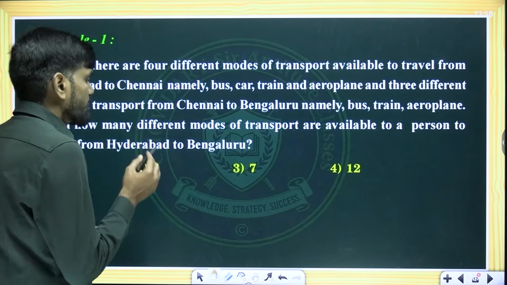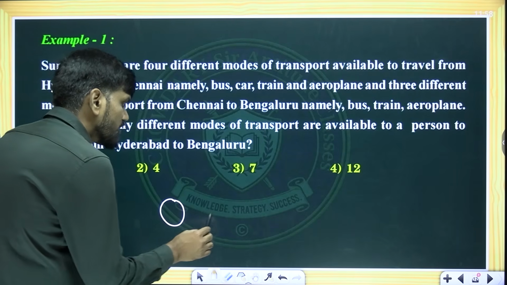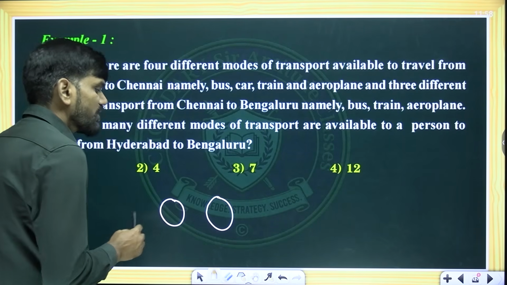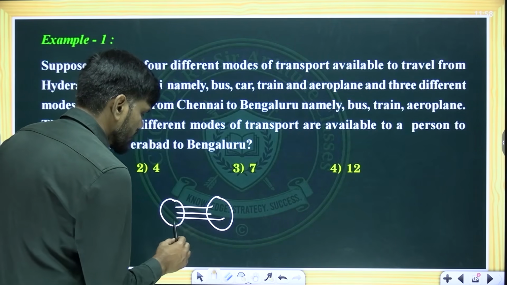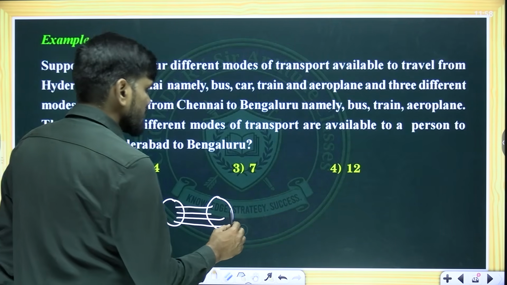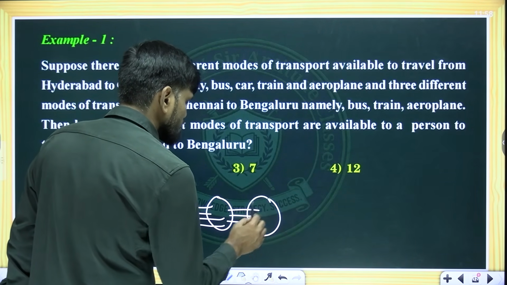First, a person has to go from Hyderabad to Chennai. There are 4 different modes of transport available. After reaching Chennai, he has to go to Bangalore. From there, there are 3 different modes of transport available.